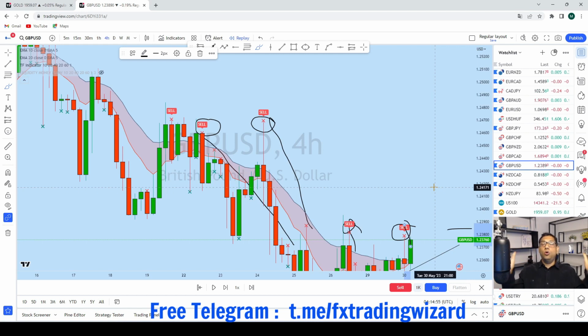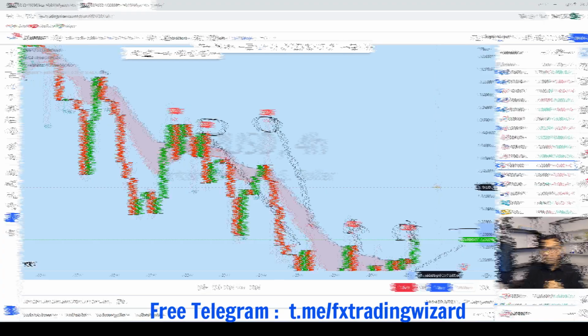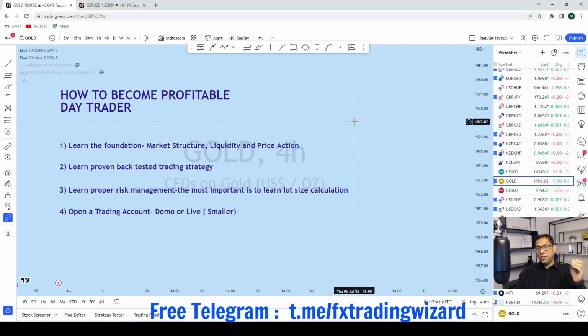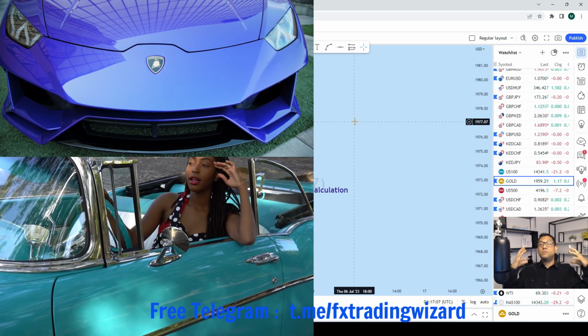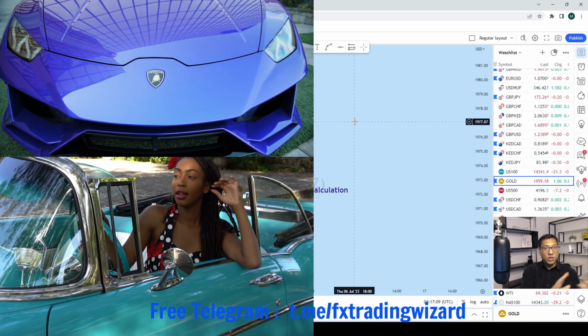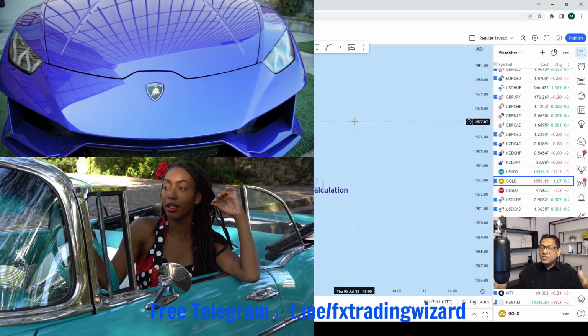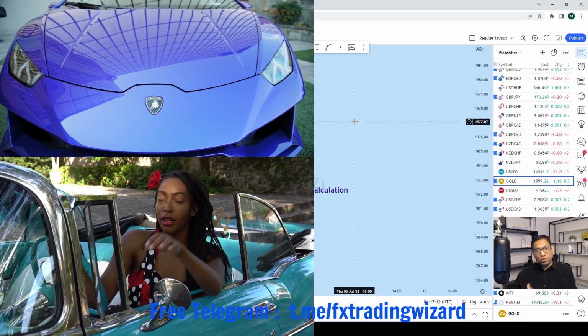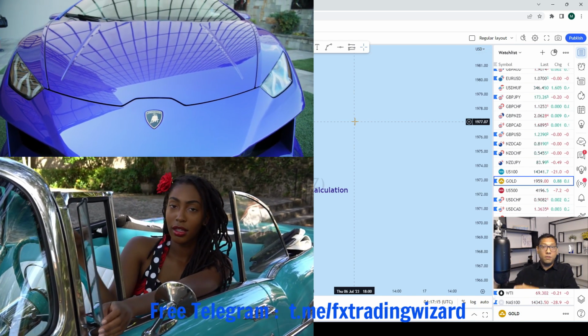Now step number 3 to be a consistently profitable day trader is to learn proper risk management. Guys, this is where most traders fail. Imagine that I have given you 2 choices: the best sports car possible but without any brake, or a 1970 model, maybe your grandfather used to drive, with proper brakes in it.